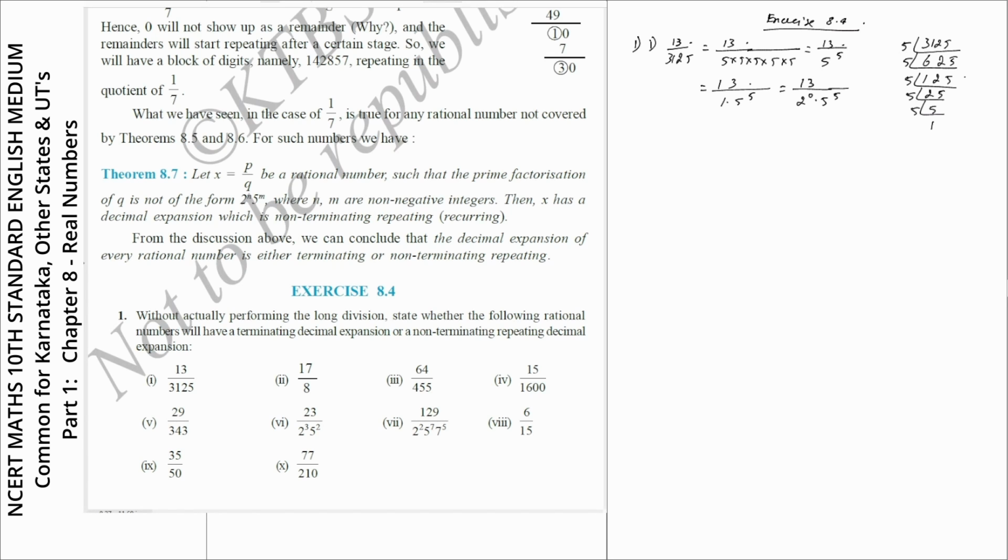So now the denominator is of the form 2 power of n into 5 power of m, where n and m are non-negative integers.